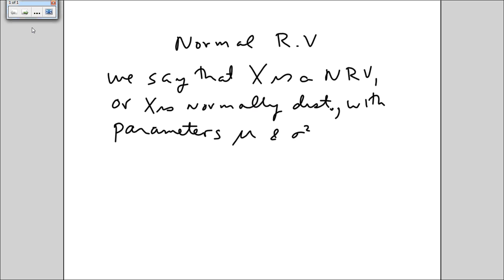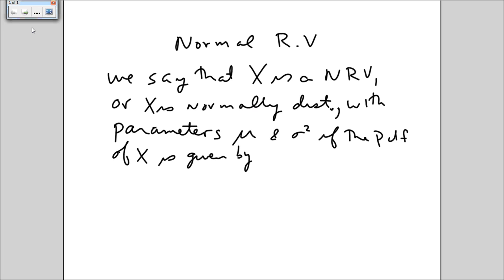Okay, so we say that X is normally distributed with parameters mu and sigma if the probability density function of X is given by this.